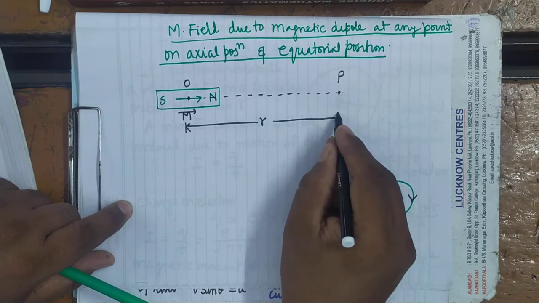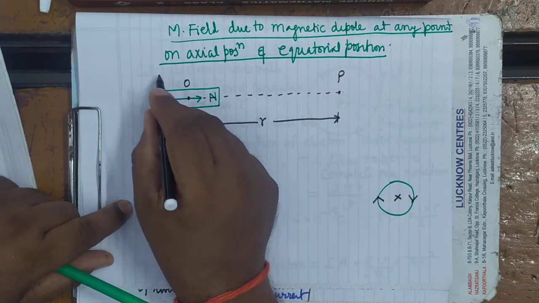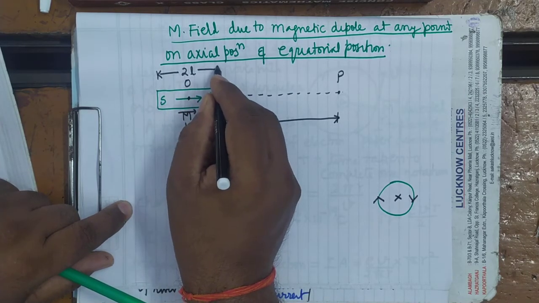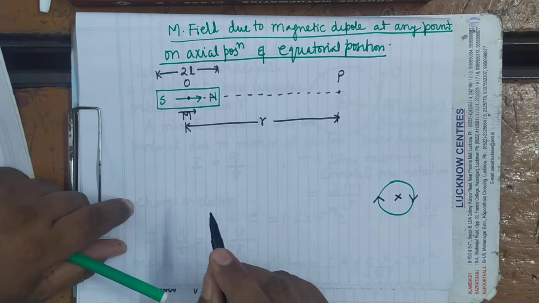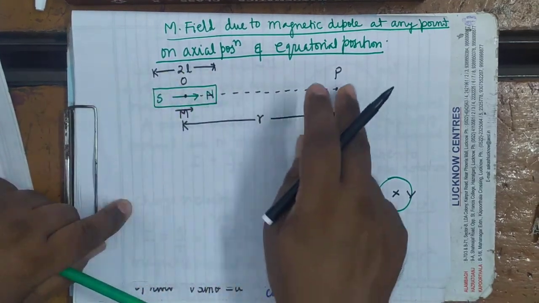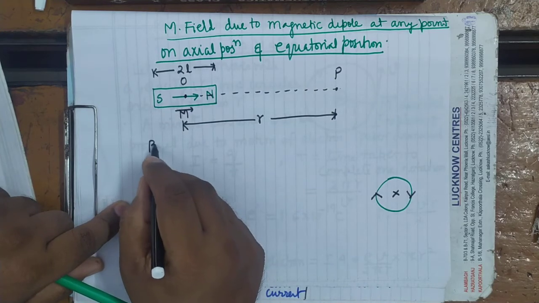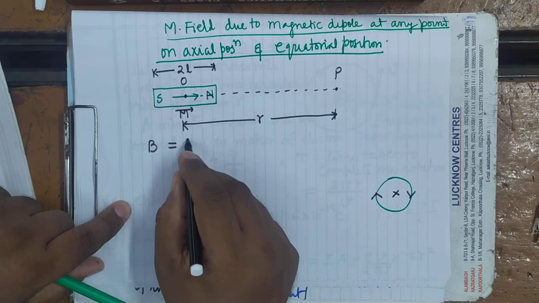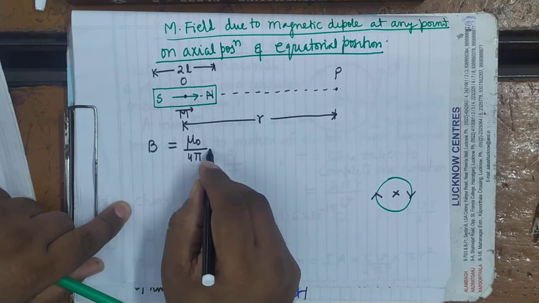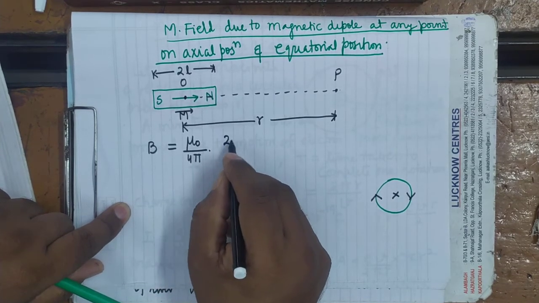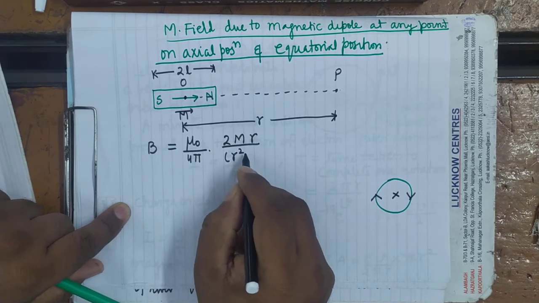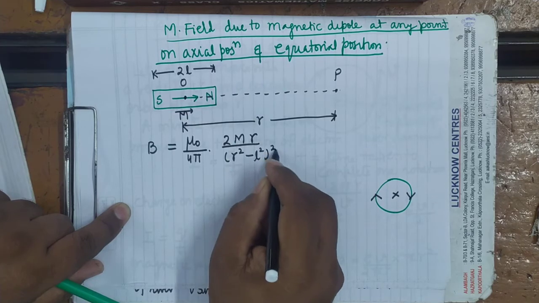The total length of this bar magnet we have assumed as 2l. It's clear. So what is the formula of magnetic field here? B equals mu naught upon 4 pi into 2mr upon (r square minus l square) whole square.